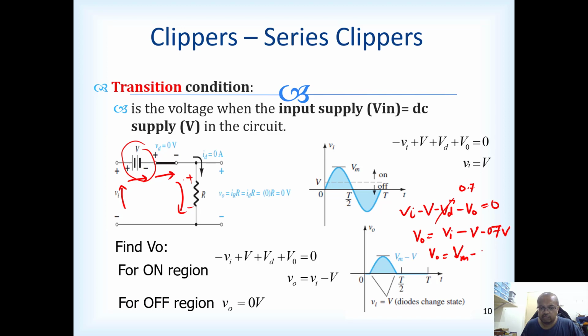Let's say we have a 2 volt battery, minus 0.7. Let's say Vm is 10 volts. So 10 minus 2 minus 0.7. So what we have is 7.3 volts Vout.